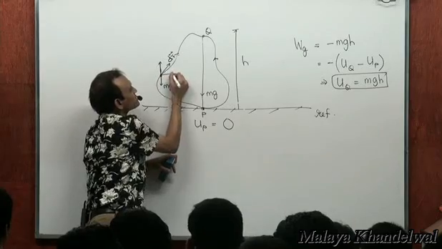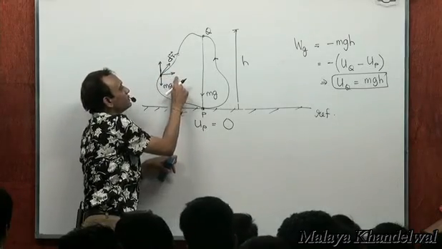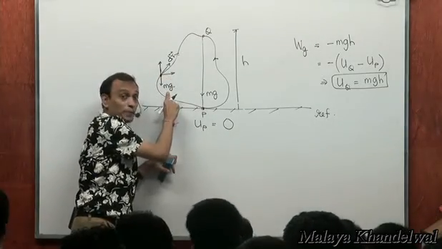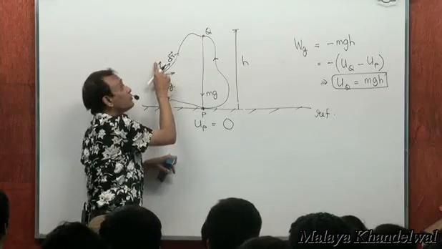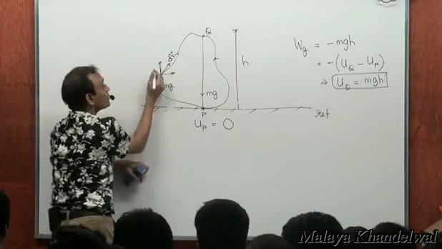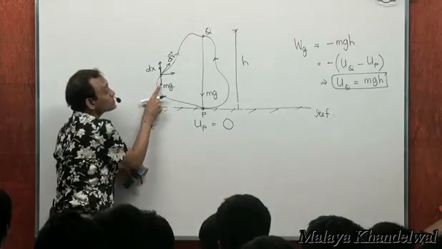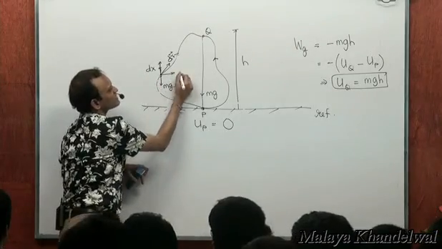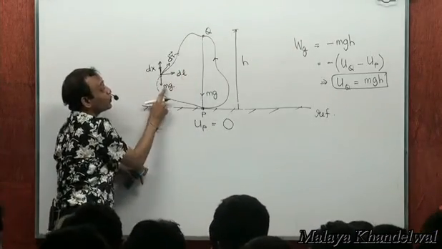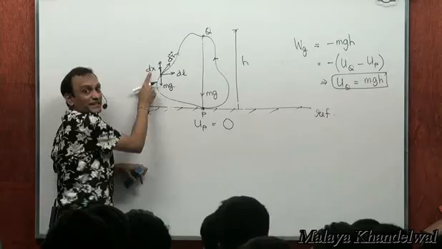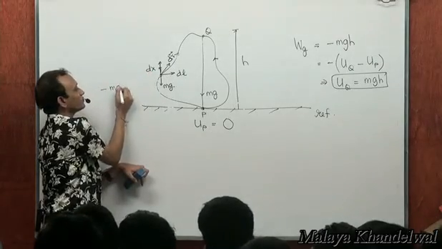The component of this dr perpendicular to mg will not participate in work done, but this component will participate in work done. So if this change was say dx, then the work done by mg is going to be minus mg into dx.